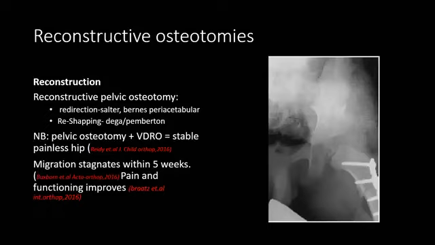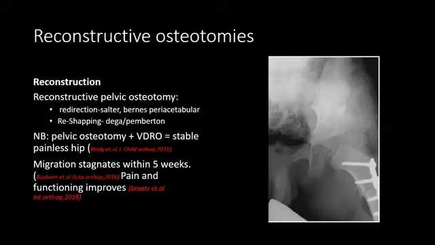The reconstructions of the pelvis are divided into redirection, such as the Salter and periacetabular osteotomies, and reshaping, such as Dega and Pemberton. The difference between Dega and Pemberton is the landmark you are using to identify the pelvic wall.